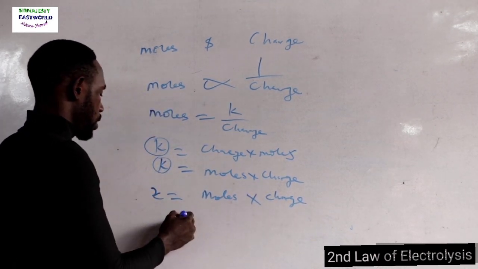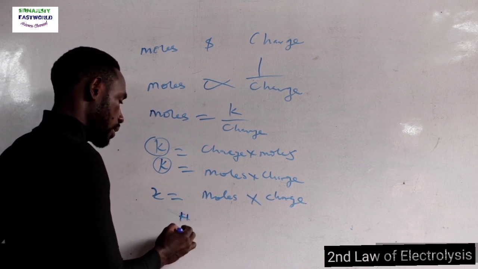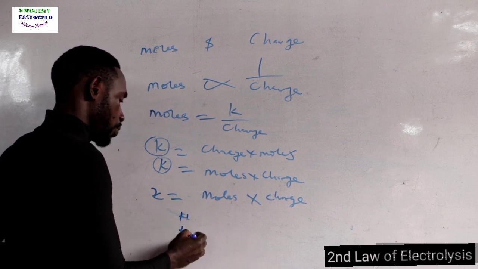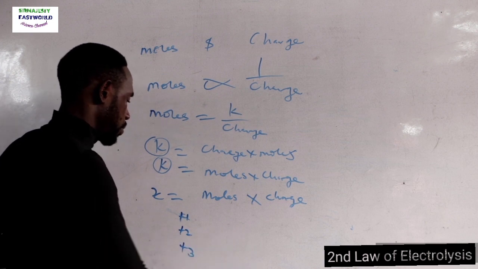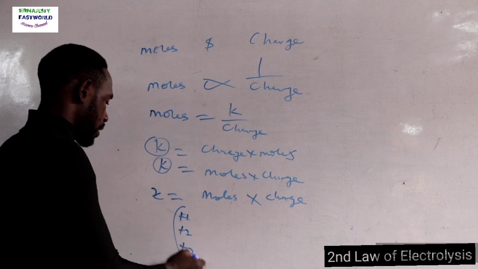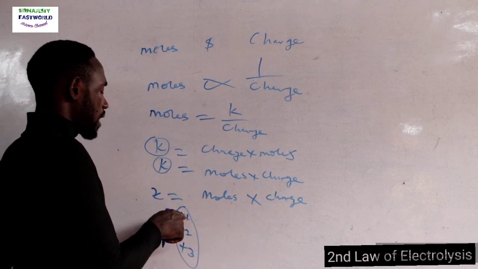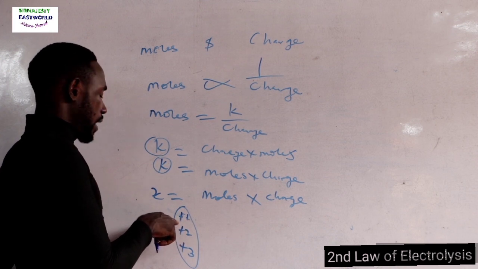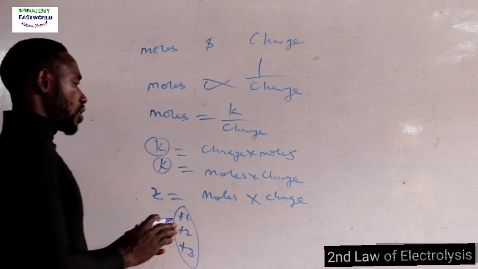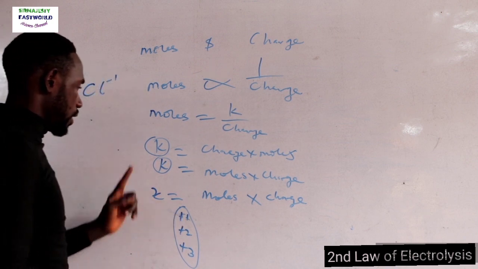The common ones we meet in our exams are those with +1, like sodium, those with +2, like copper, and those with +3, like aluminium. Please, even when the charge is minus, it is still applied, because what matters is that number, not the sign. The plus or minus doesn't matter here. So if you see a charge like -1, we'll still take 1 in this case.